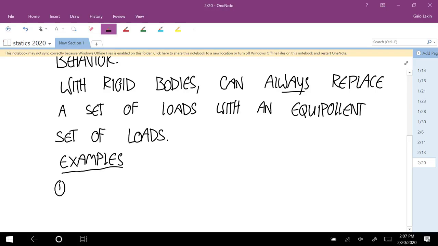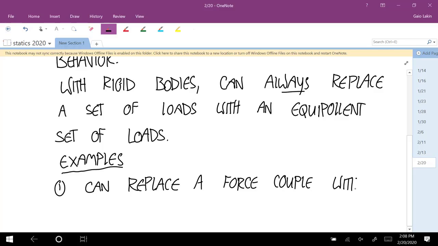I didn't call it an equipollent system, but it's the same. You can replace a force couple with a pure moment. We do that all the time, but two forces that are applied that are equal and opposite are not a moment. It's two forces. We replace it with the pure moment because it makes the calculations easier.